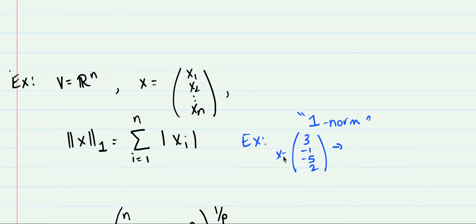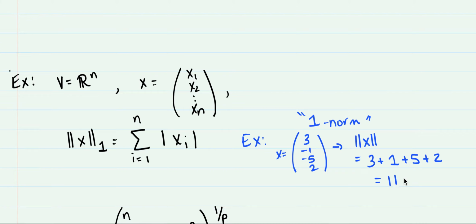Let's say this is x. Then the norm of x is just 3 plus 1 plus 5 plus 2. I'm just summing up all of the absolute values of these entries. So that is 5, 6, 7, 8, 11. So that's one way to measure the length of this vector.